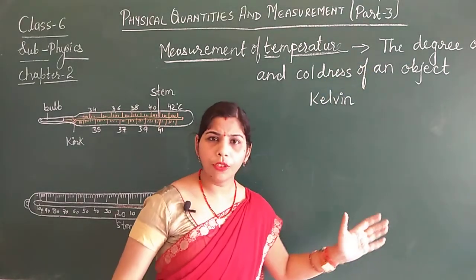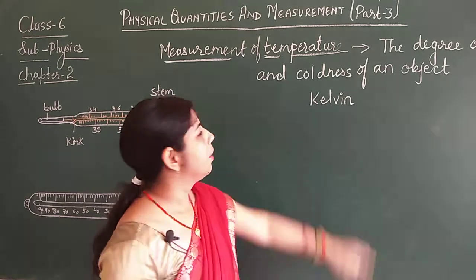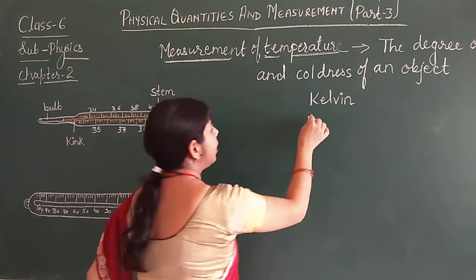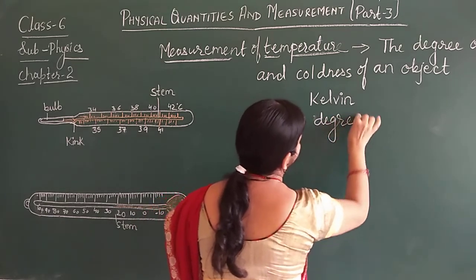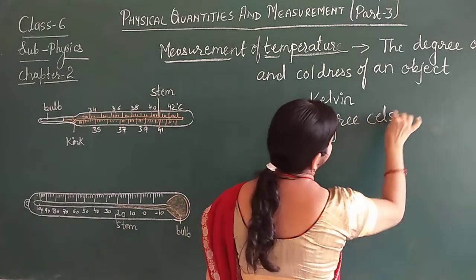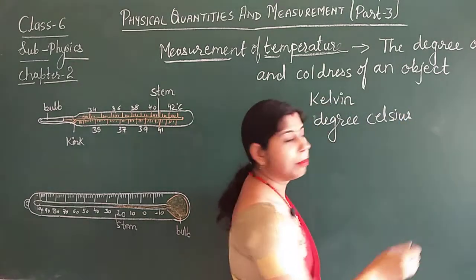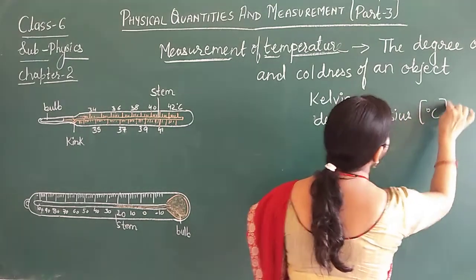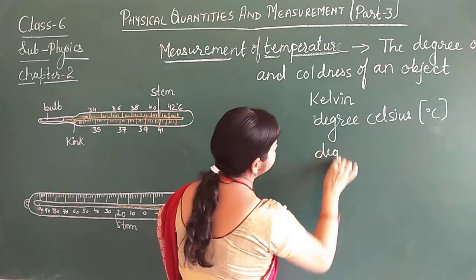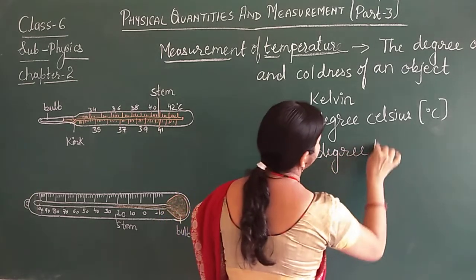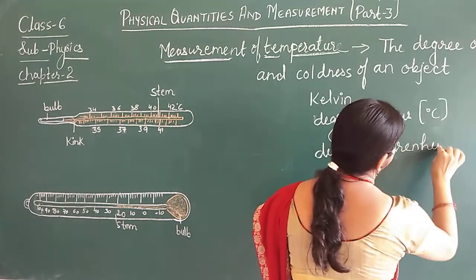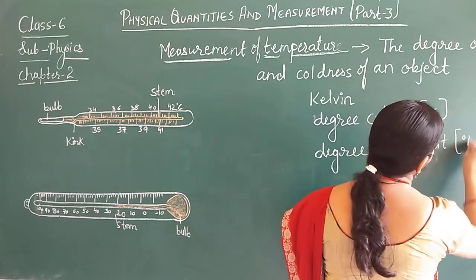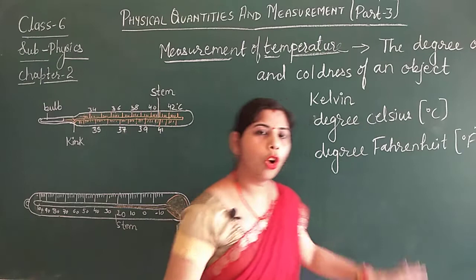Kelvin is the unit of temperature, but along with Kelvin, degree Celsius, whose symbol is degree C, and degree Fahrenheit, whose symbol is degree F, are commonly utilized.